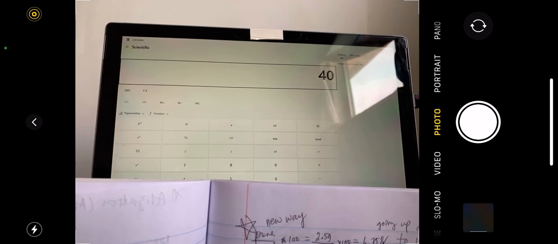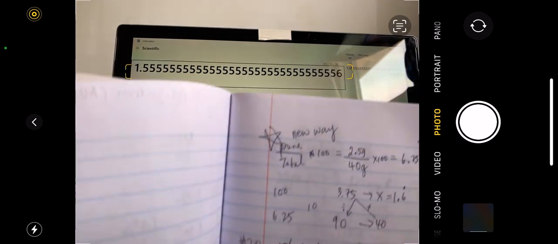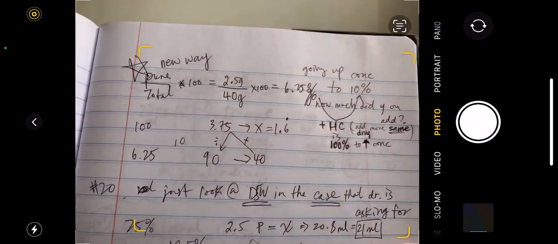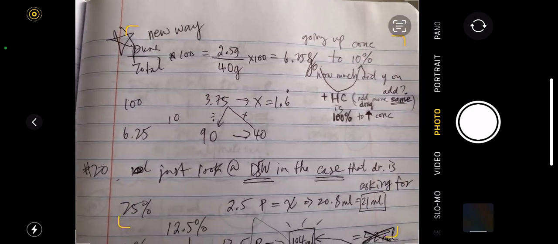And then you have to divide by 90. You get 1.555, so it's 1.6. That's your answer. 1.6 grams.